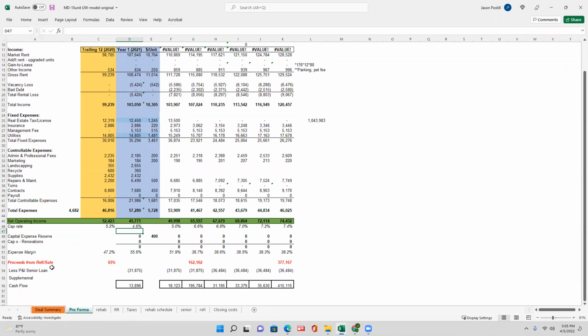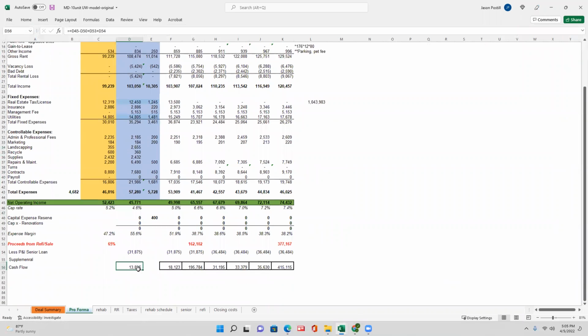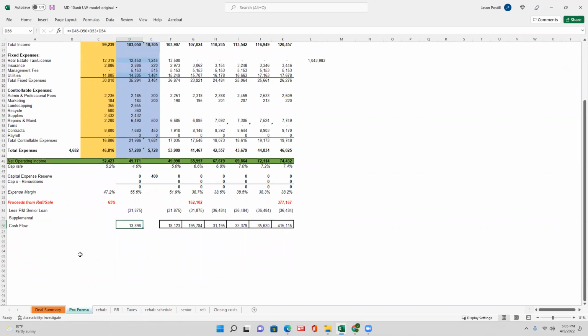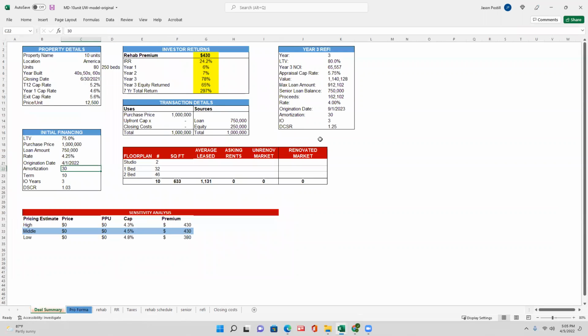Cash on cash. Yeah, so cash flow. Here's your cash flow. So now what you can do, you can make a cap rate. So cash on cash, I don't know if we had that somewhere.